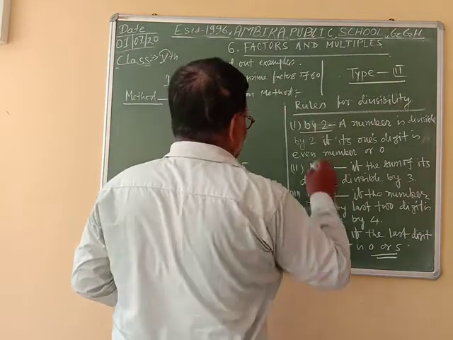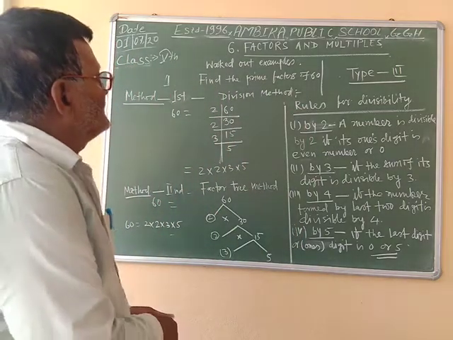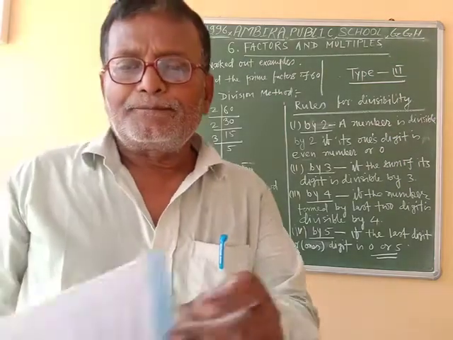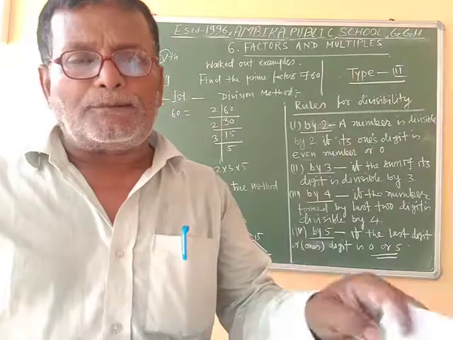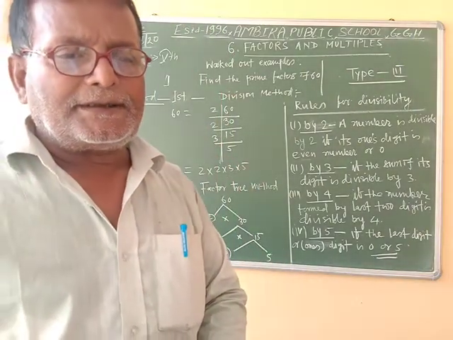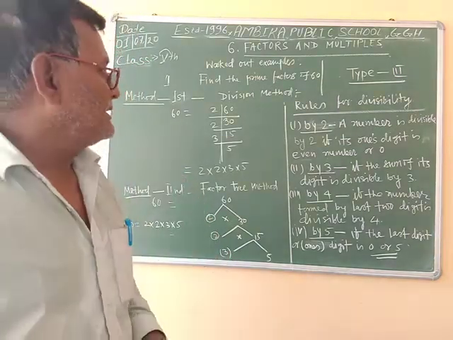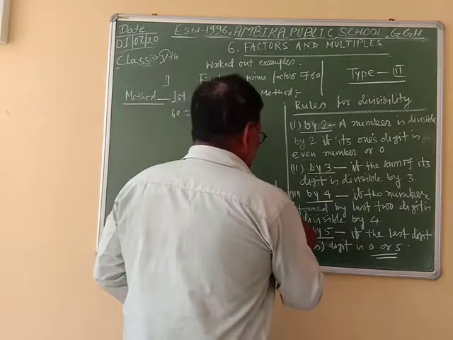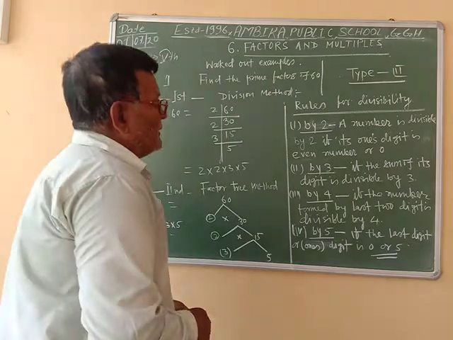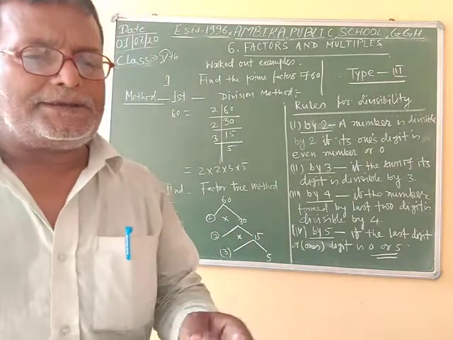So I have written only four rules of this chapter, factors and multiples, and there are also some rules for divisibility by 6, 7, 8, 9, 10, 11, 12, 15. In the next class I will write and teach you the rules for divisibility by 6, 7, 8, 9, 10 and 11.